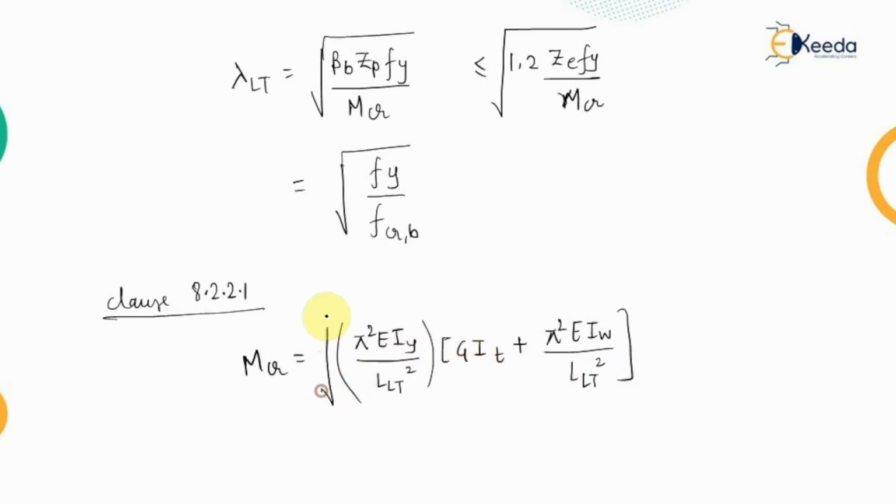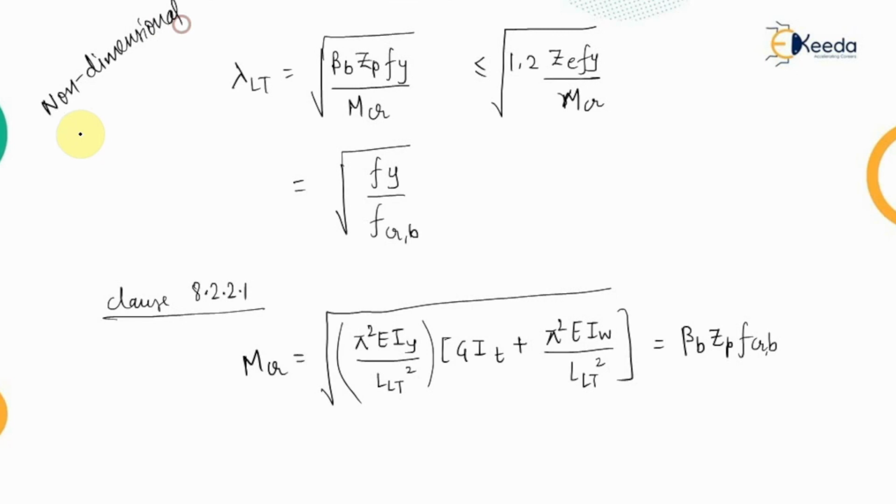This should be equal to beta B into ZP into F critical B. So from this relation, we can calculate M critical directly, and based upon that we will calculate the non-dimensional slenderness ratio. Once we get this ratio, we will calculate the F critical in buckling.